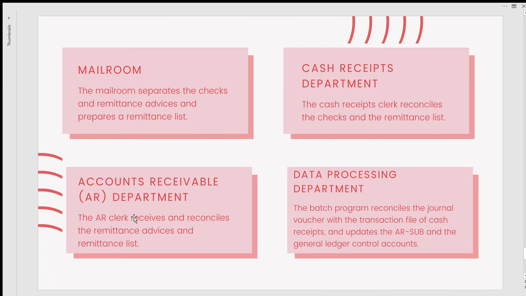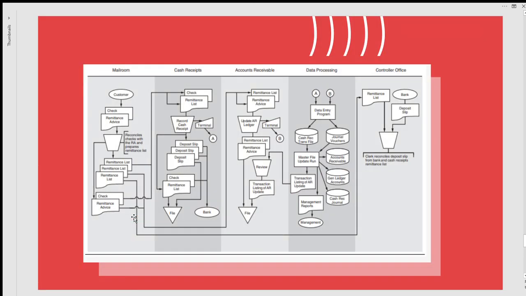So let's go back. In the mailroom, the checks and remittance advices are separated, and the remittance list is also prepared here. The checks and one copy of the remittance list will go to the cash receipts department, which is here.